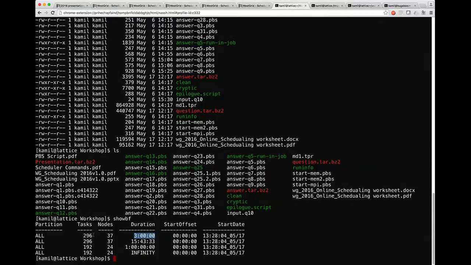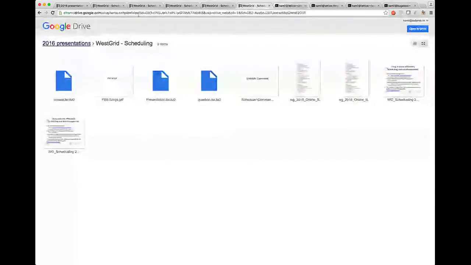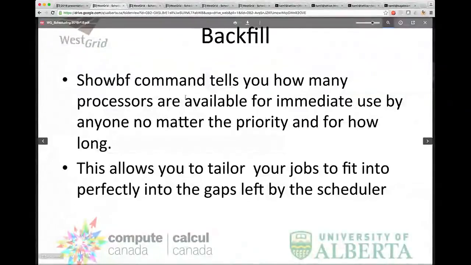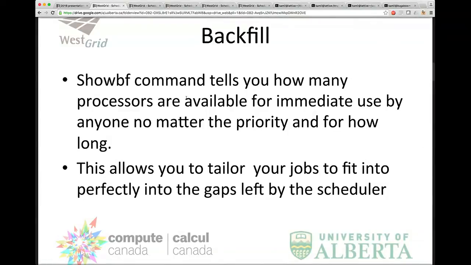In this case, in Lattice, there's 296 cores on 37 different nodes that could be used for 3 hours. Now, there's a whole bunch of caveats with it, because the cores may be available, but there may not be any RAM or disk or other resources available with those cores. But it does give you some information. And it may allow you to tailor your job to fit perfectly into the gaps left behind by the scheduler.